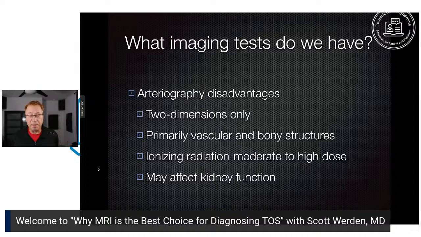So it has to be done by someone who's reasonably quick at doing it and tries to avoid administering too much X-ray radiation. And because you're administering this contrast, it may affect kidney function. If you have bad kidneys, it's hard to get an angiogram because it's too much stress on the kidneys.